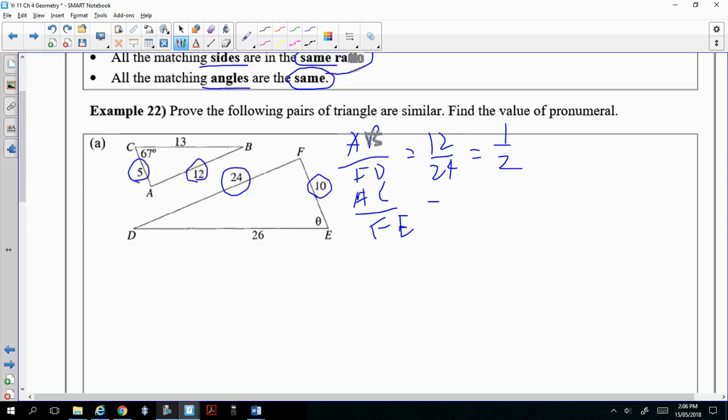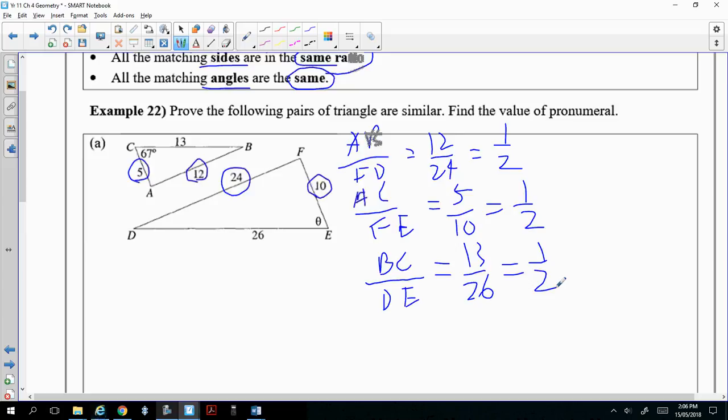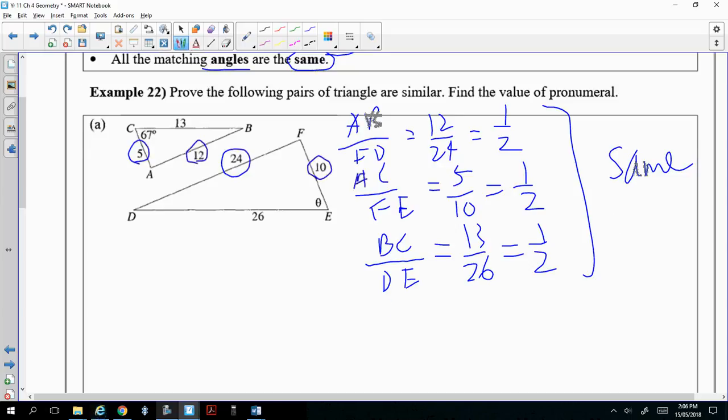And the last bit, BC, which is the longest one, match with the longest one, 13 over 26, also half. So they're all half, they're all the same, so you can write down a conclusion. Therefore, triangle ABC is similar to triangle DEF. And give a reason.